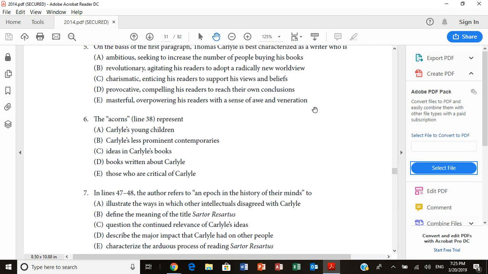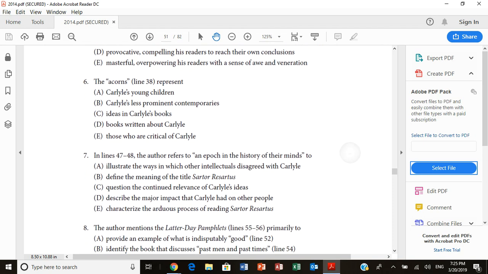Well, he does evoke some awe, certainly in this author. But if we are thinking about what his overall impression is, it is that he is provocative. He compels the readers to reach their own conclusion, just as the best math teacher helps you to reach, not just the right answer, but to go forward and find your own solutions.